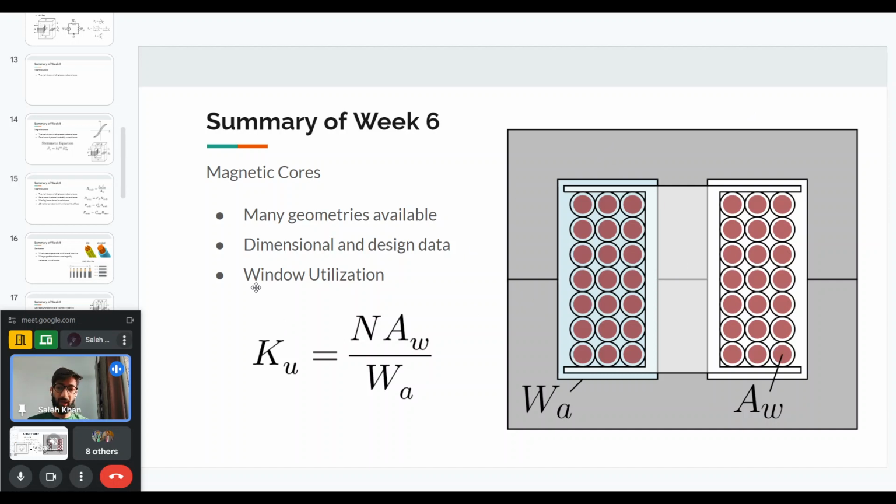So we want to have a high window utilization factor, but because of these limitations, we cannot go beyond a certain value. 0.5, 0.6 will be very difficult because of the presence of the bobbin and the spacing between them.